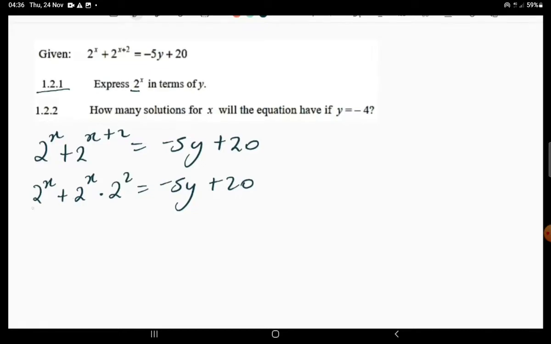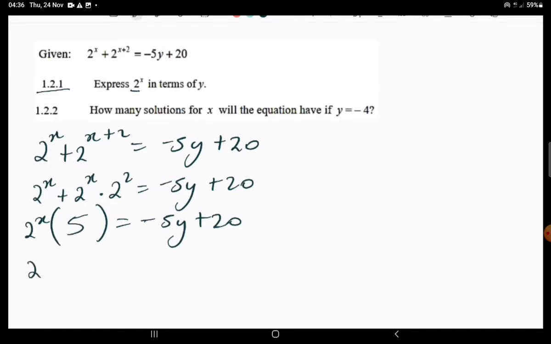You can see that there are two things that are common here, which is 2 to the exponent x. So when you take it out, you'll be then having 1 plus 4 then is equal to minus 5y plus 20. So of course 1 plus 4 is equal to 5. You can just write 5 here.